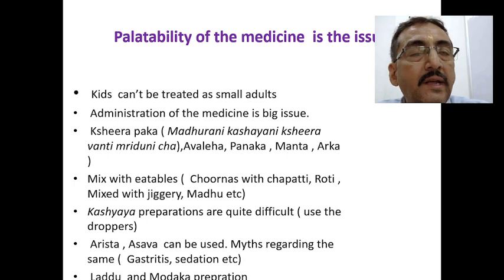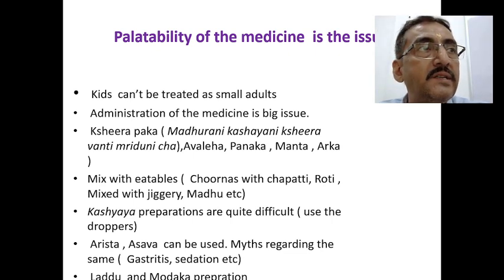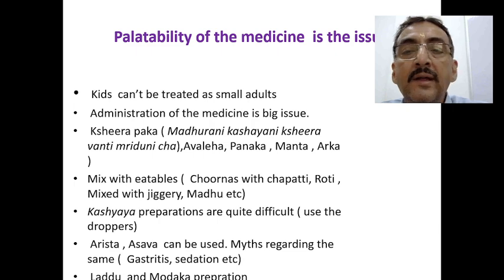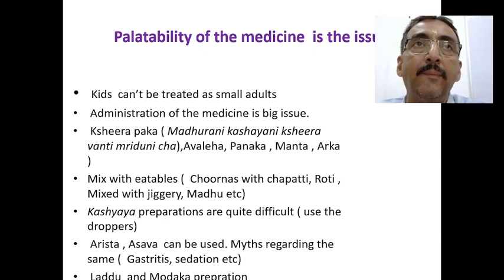Even Charaka very clearly says, Madhurani, Kashayani, Kshiravanti, Mrudu cha. So how do you have to administer medication to the children? There he says the medicine should be Mrudu, Madhura and Kashaya Rasa, and Kshiravanti, milk should be used as the medium.